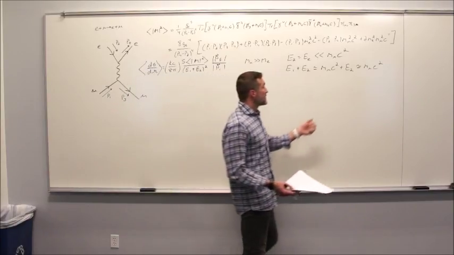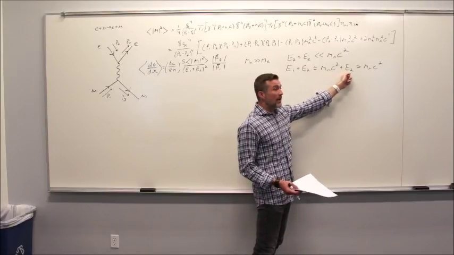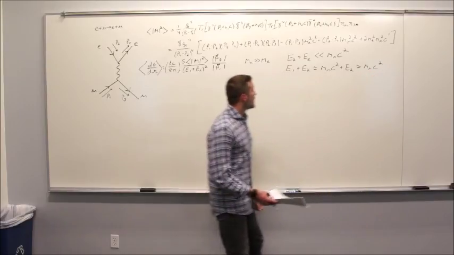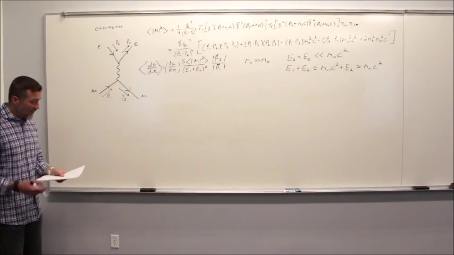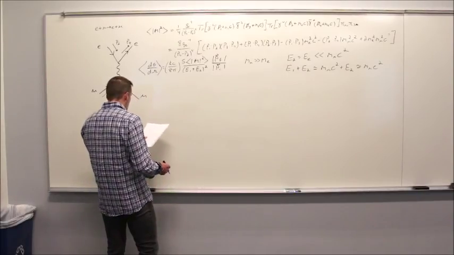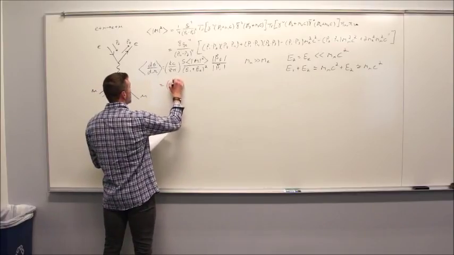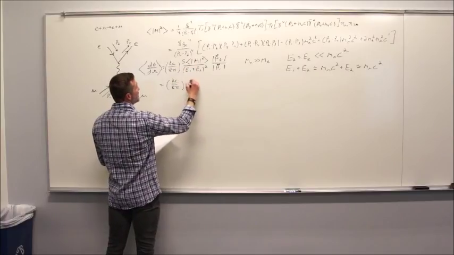So the only energy for the muon we have to worry about is its rest mass energy, but then we said that that's going to be way larger than the energy of the electron, and so the total energy of the system coming in is just going to be roughly the rest mass energy of the muon. Okay. So in that case, this simplifies just a little bit. So again, our S factor is just going to be 1.